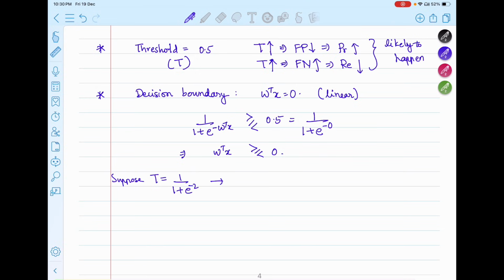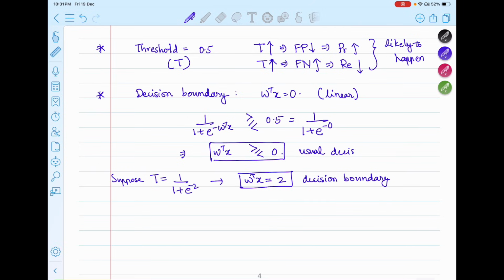The decision boundary will be W transpose X equal to 2. This is the usual decision boundary.